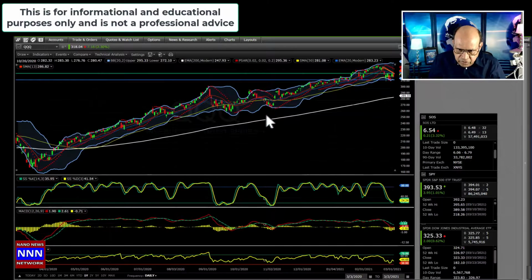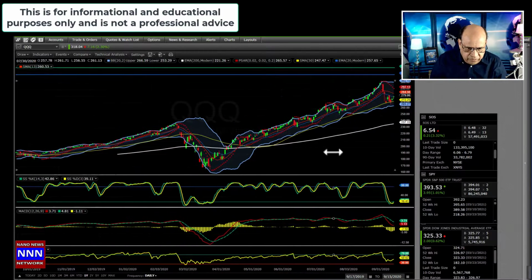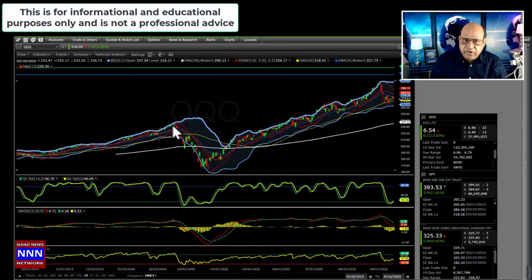Now when we get a new wave, we get a wave 1 here. Then we have A, B, C. And then it keeps going up. Now let's look at what happened right after the March stock market collapse. It came down here. This was the lowest one. This is A, B, C, and C. Like that.